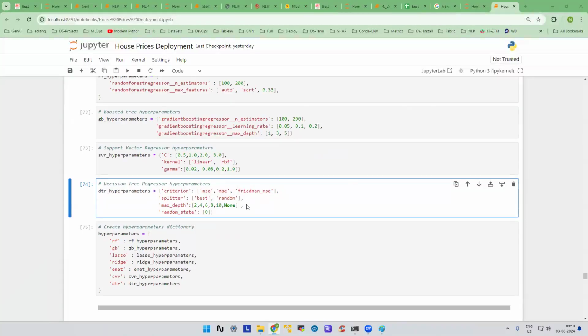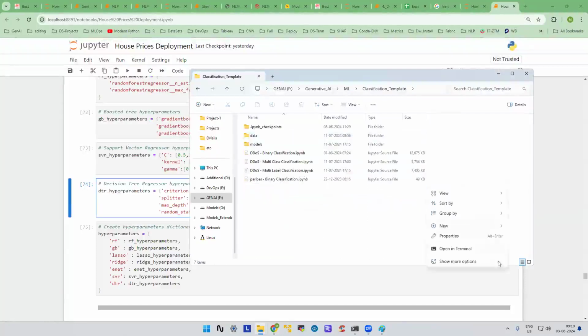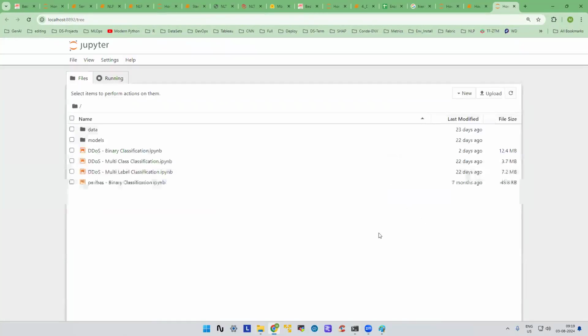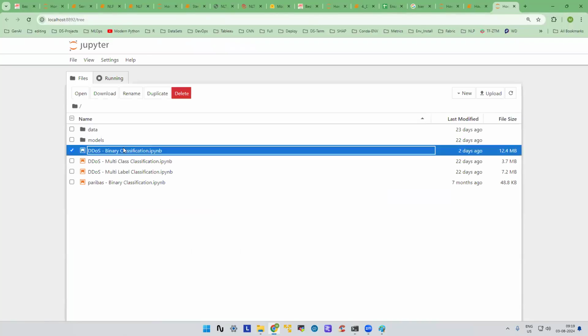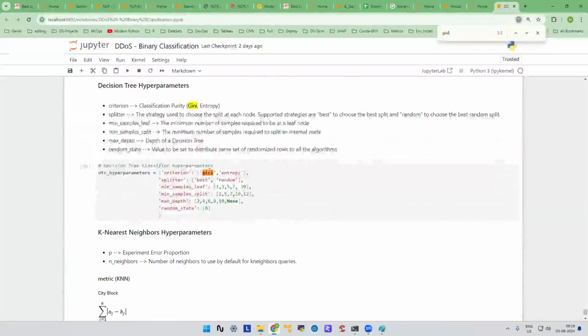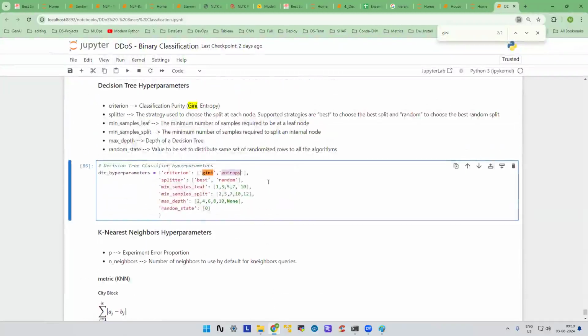May not be here, but in classification, they're definitely going to be there. You can see that, right? Decision tree, Gini, and entropy. So I've given both the options, but mostly we need to rely on the entropy. Okay. I've given it here.